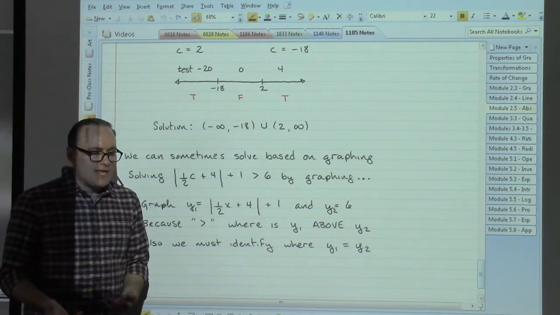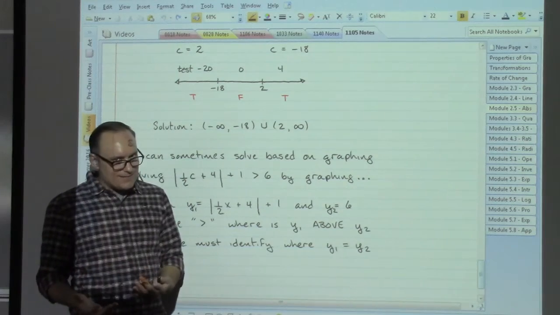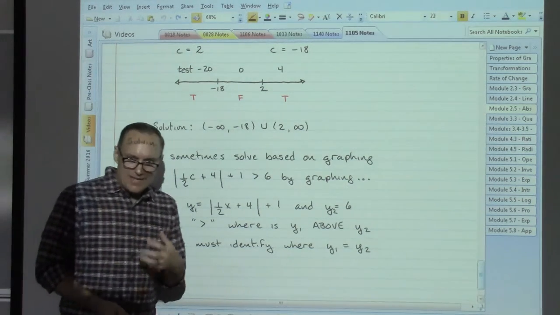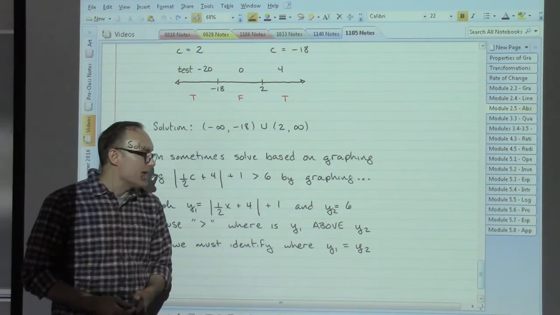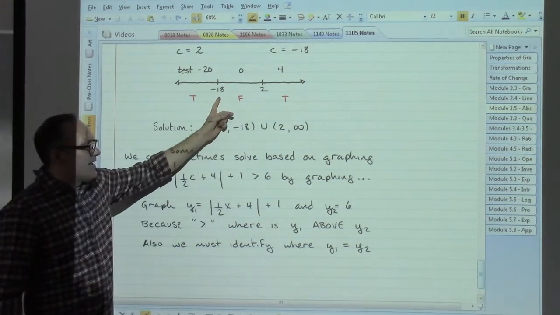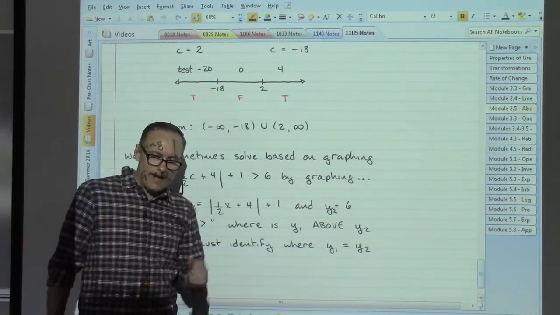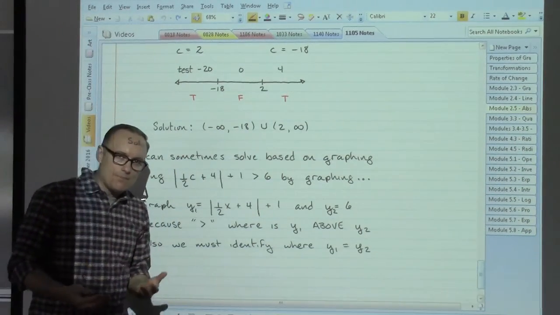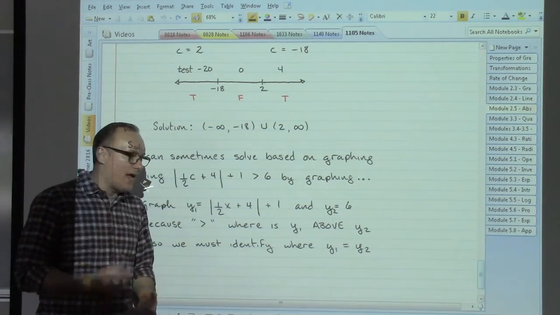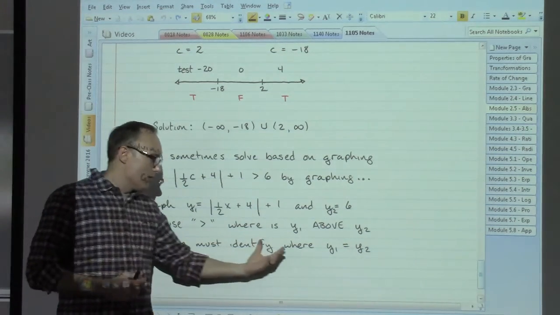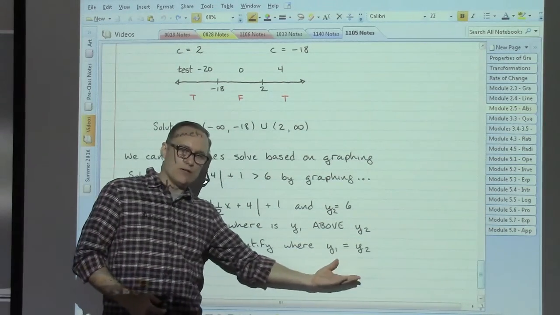As is sometimes the case with graphing stuff, if it's not nice, like that earlier example that had the 8/3, that would not be nice for us to try to identify by eye, whereas the negative 18, that's identifiable. The positive 2, that's identifiable. That graphing stuff might be limited because of whatever numbers we might have showing up where our two graphs intersect with one another.